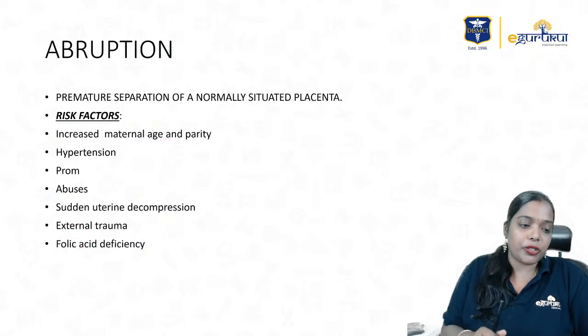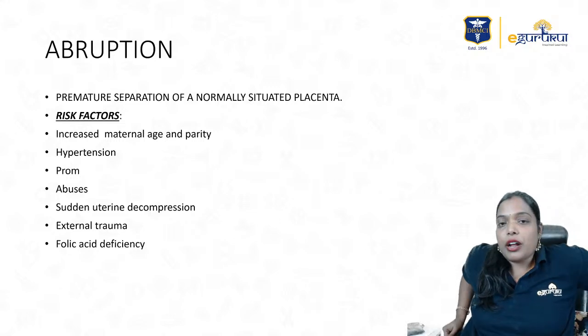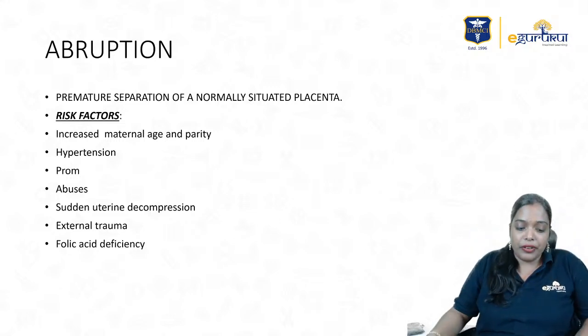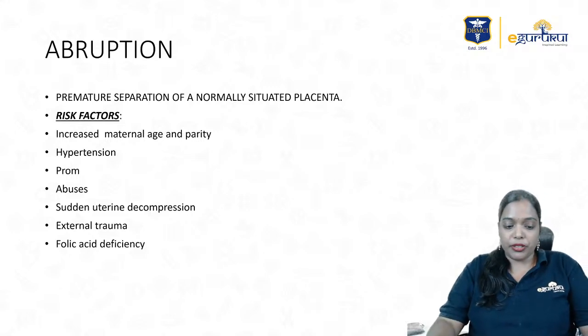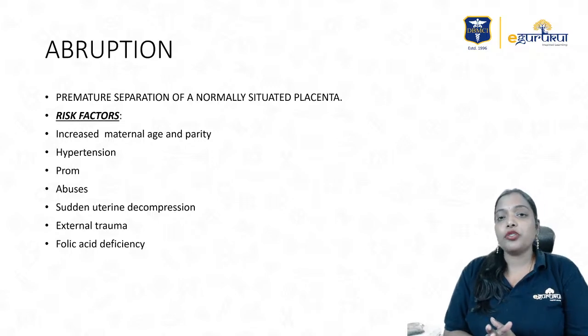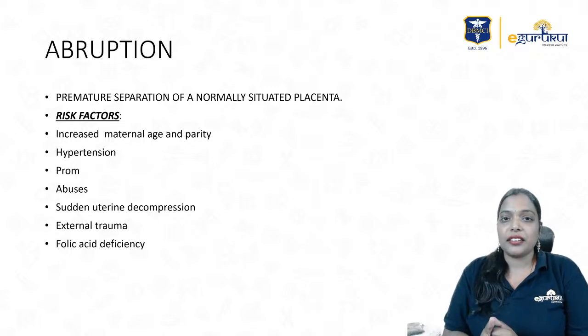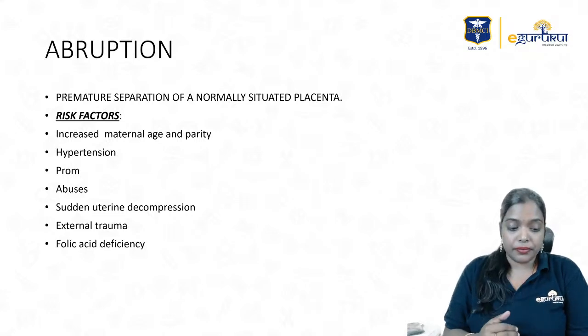Now coming to abruption. In your time, there were many questions on abruption. So let us first understand abruption and then we'll answer. Normally, in which stage should the placenta get separated?